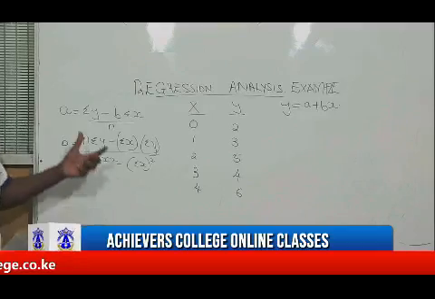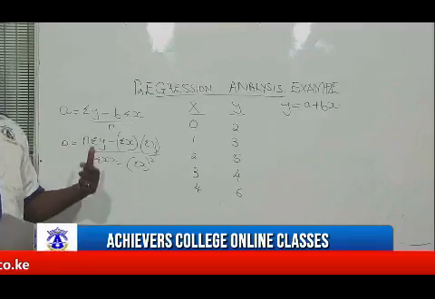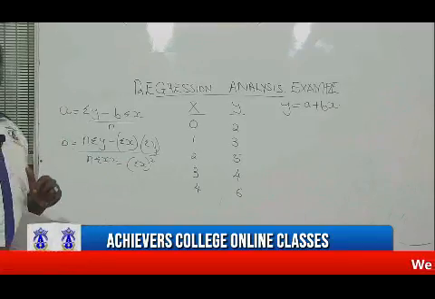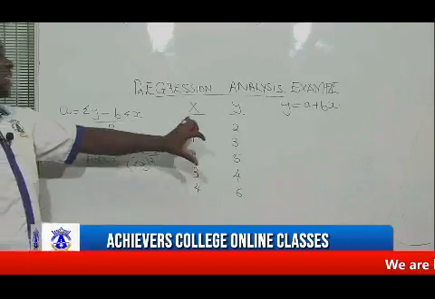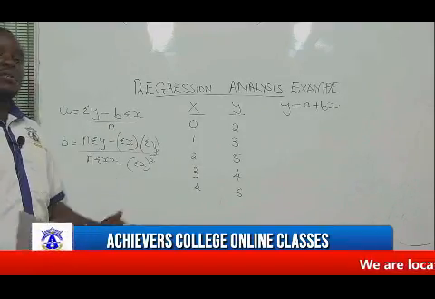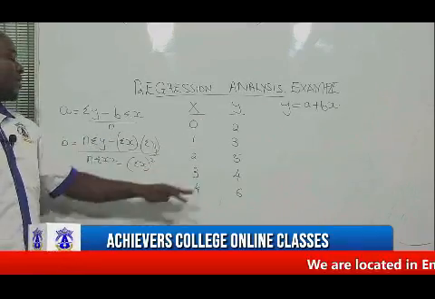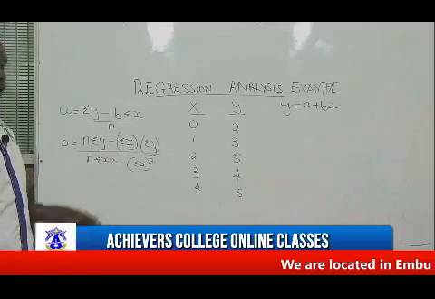So this is the normal equation, how you can easily obtain the value of a and the value of b. If you are given this kind of illustration, there are things you can obtain from it according to the normal equation.